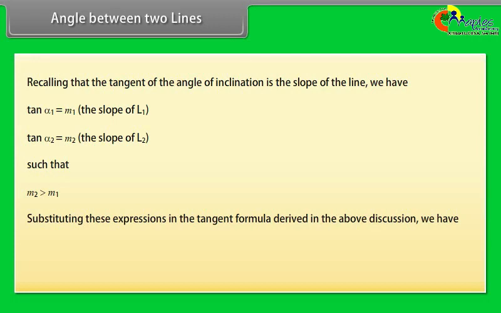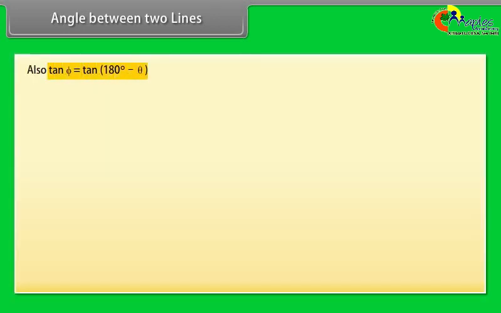Substituting these expressions in the tangent formula derived in the above discussion, we have tan phi is equal to (m2 minus m1) divided by (1 plus m1 into m2). Also, tan theta is equal to tan of (180 degrees minus phi) is equal to minus tan phi is equal to minus of (m2 minus m1) divided by (1 plus m1 m2), as 1 plus m1 m2 is not equal to 0.